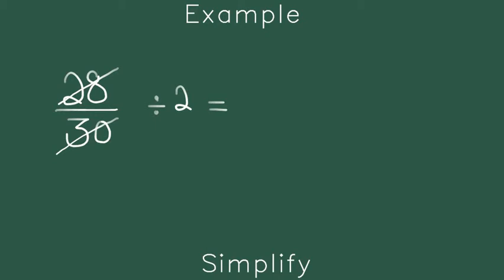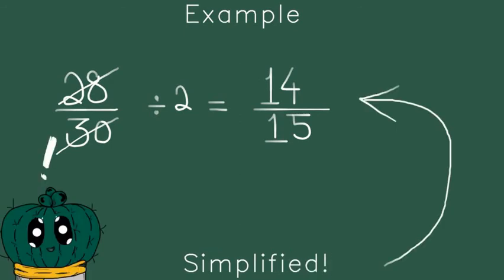Just squashed a bug. So the thing that I was saying was that 28 by 30 needs to be simplified. You take out something which is common on both sides, and as you can see, 2 is common on both sides. So we take out the 2s, and you get 14 divided by 15 at the end. So this is the simplest that it can get, and this is going to be our answer.